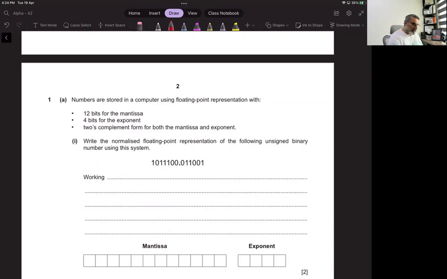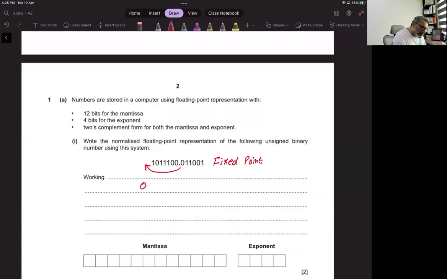This is fixed point. We have to float the point all the way towards the left. So when we convert this from fixed point to floating point, we will have mantissa and exponent. We have to move the point all the way towards the left.